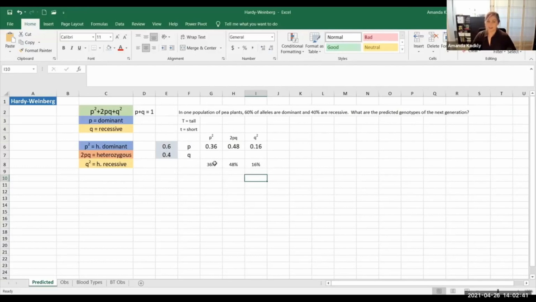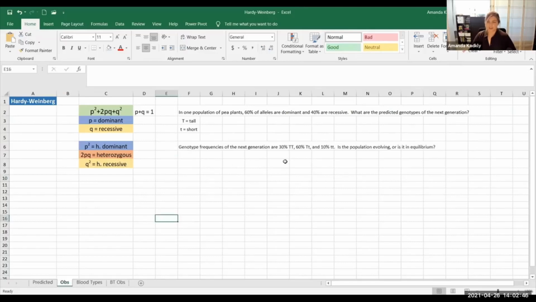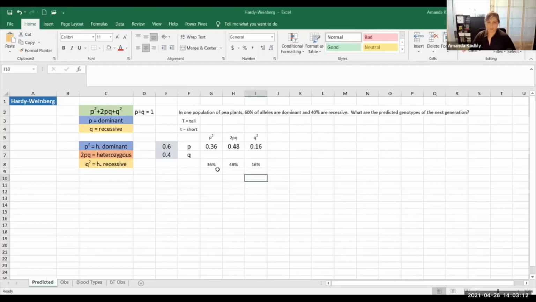If we actually observed the gene frequencies in the next population, we could compare it to the prediction. So let's say we actually went out and looked at the genes for everyone in the population, and we found 30% homozygous dominant, 60% heterozygous, and 10% homozygous recessive. That's what we actually found. That definitely differs from our prediction.